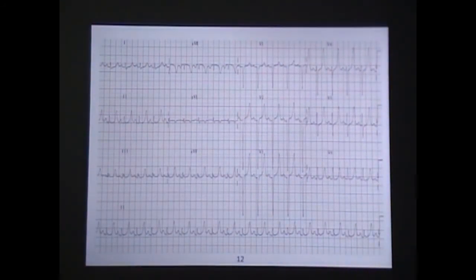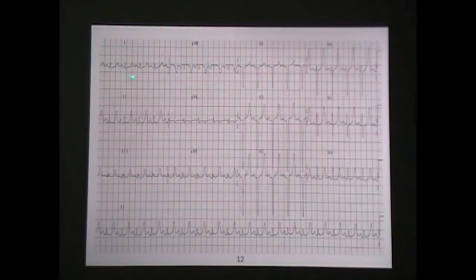Here's a busy one. What jumps out? I heard someone say peaked T waves. The hypertrophy issue.